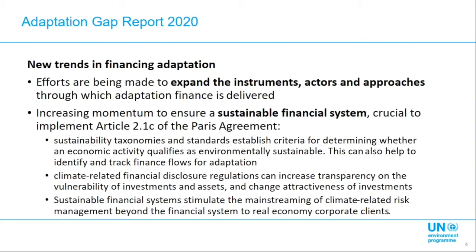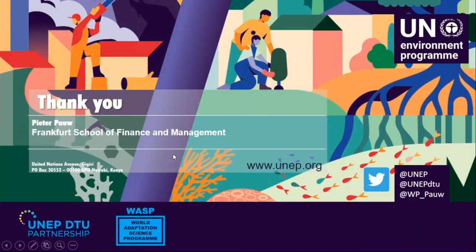So, for example, there's now forecast-based finance being used, results-based finance being used, loans are being used for adaptation, still at a very small scale, but this is increasing, and there is a push to be more innovative here. And the second new trend, and this is also very important, is the increasing momentum to ensure a sustainable financial system that basically is consistent with the implementation of Article 2.1c of the Paris Agreement.